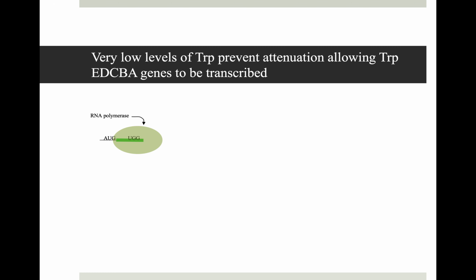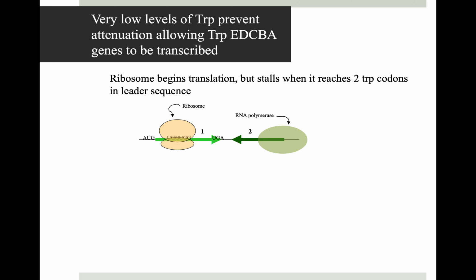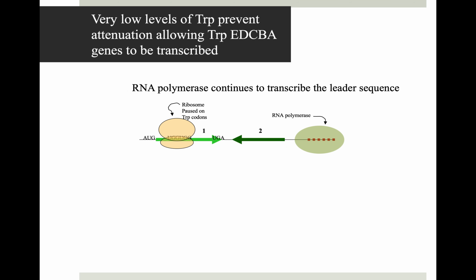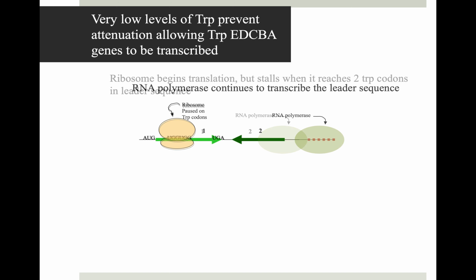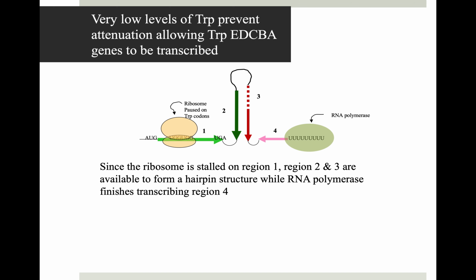So at very low levels of trp, it will prevent attenuation to allow trp to be transcribed, which we know. When translation begins, sometimes it will stall as it reaches the two trp codons in the leader sequence, and this will enable RNA polymerase to continue to transcribe the leader sequence.